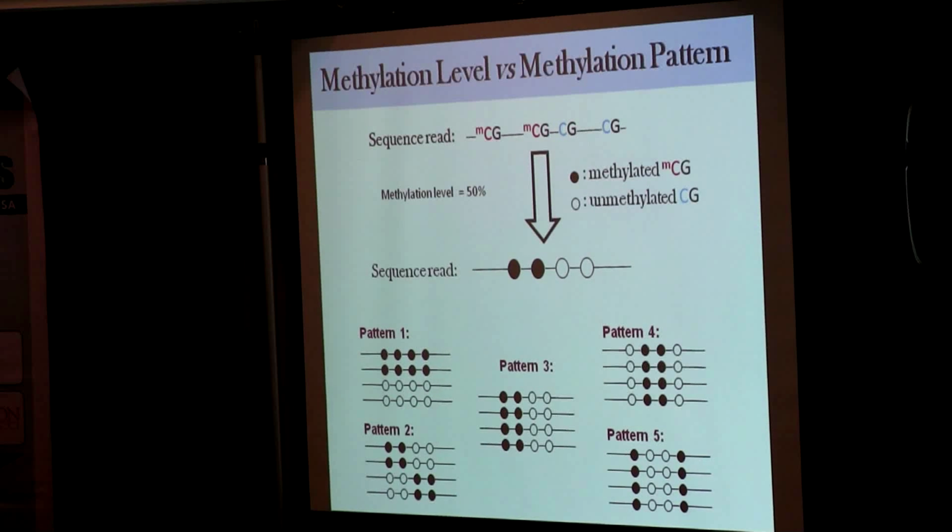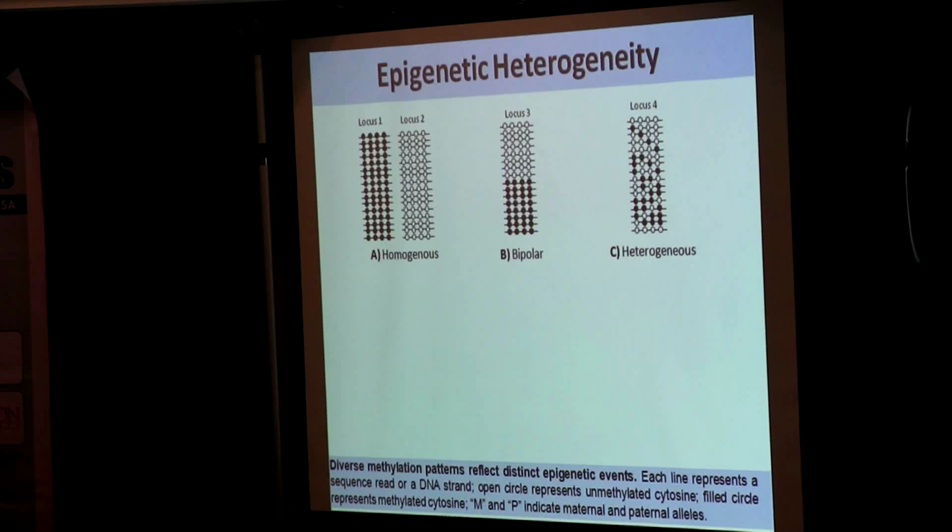Most of our current DNA methylation analysis talks about the DNA methylation level, but rarely pays attention to the methylation pattern. In this talk, we are focusing more on methylation pattern, and I'm trying to convince you how important methylation pattern is to understanding DNA methylation data.